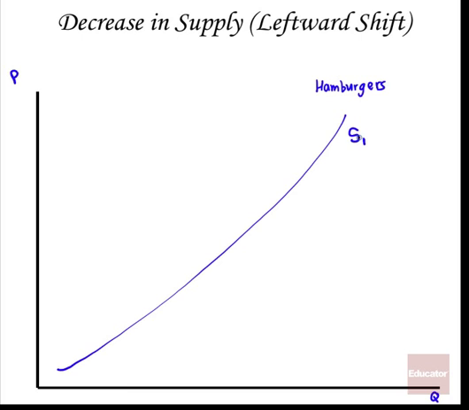So for every hamburger that's produced, there's a $1 tax. That's going to have a negative impact on the market for hamburgers. Suppliers are going to want to produce less. They have a decreased incentive in producing hamburgers, so supply will shift to the left here, and you have S2.